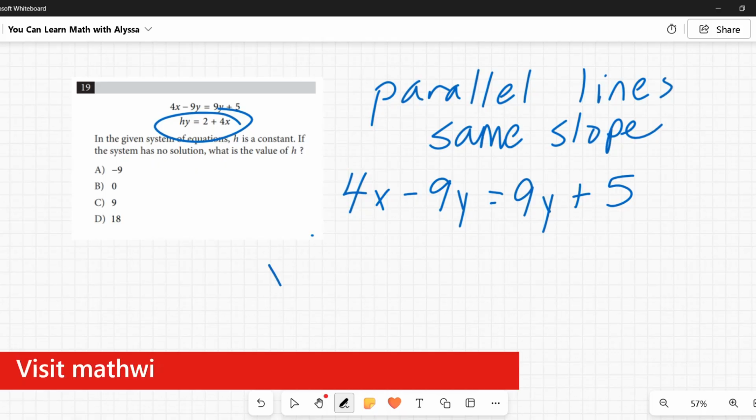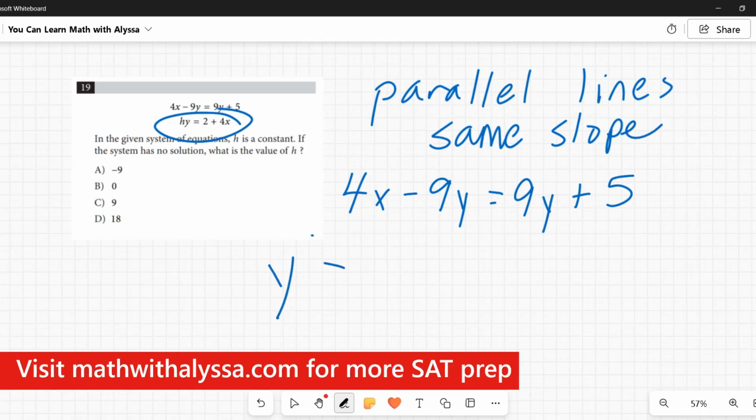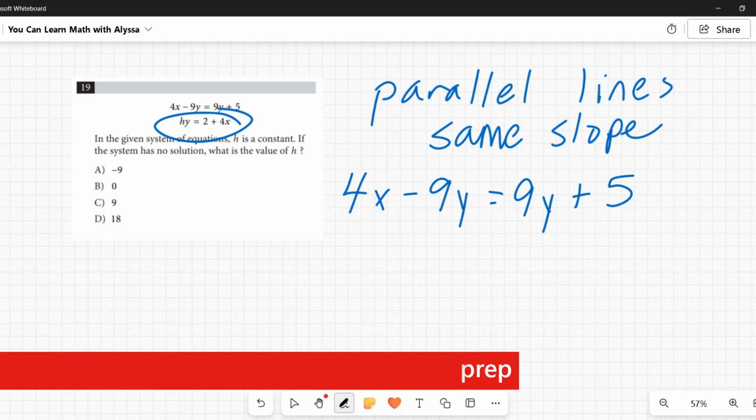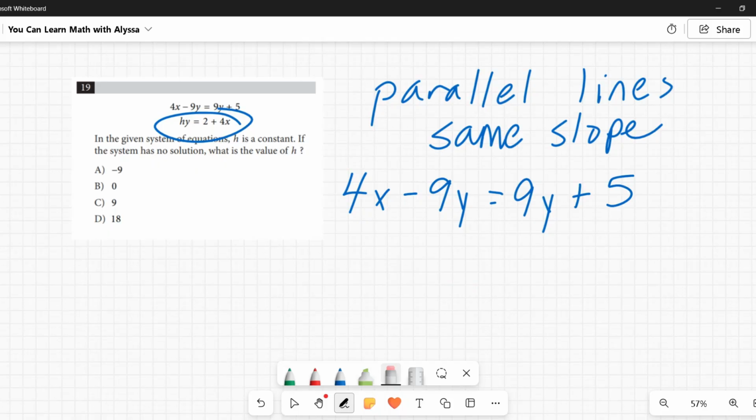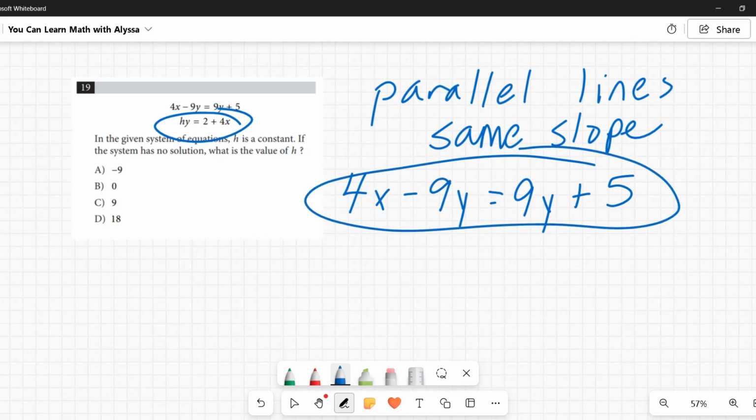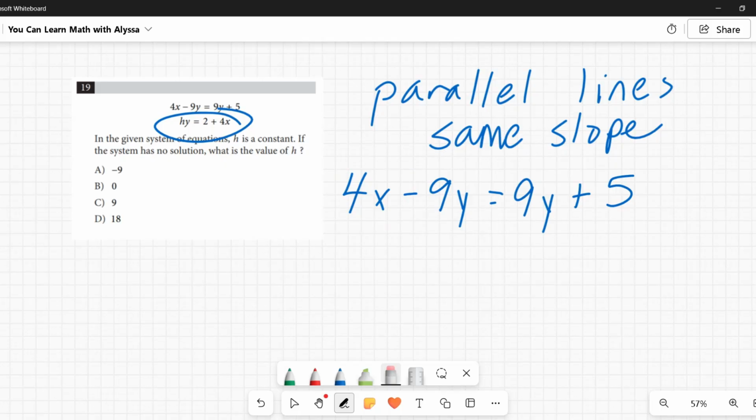Normally, when we have slope-intercept form, it's y equals mx plus b. This, we've got an h in front of the y. So there's a suggestion that if I can get this into a format where there's a 4x on one side and y's on the other, I won't have to actually figure out the slope or do any math.